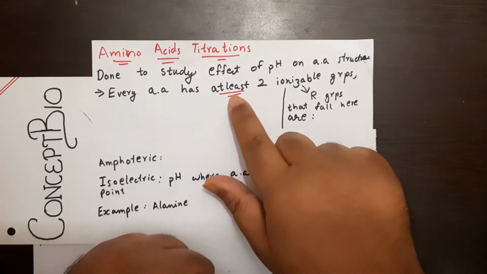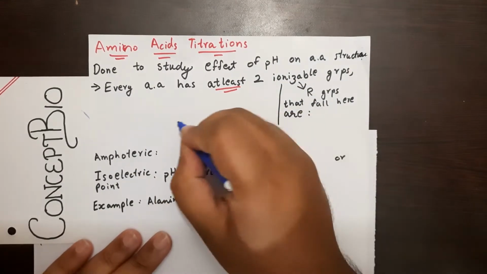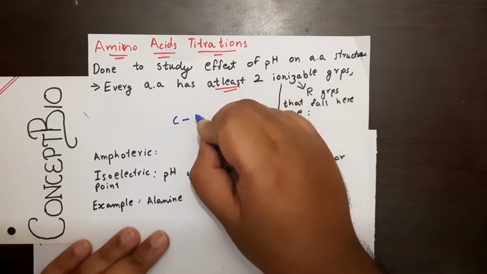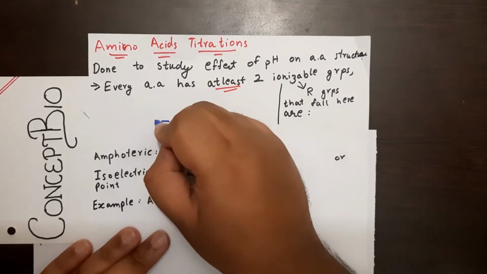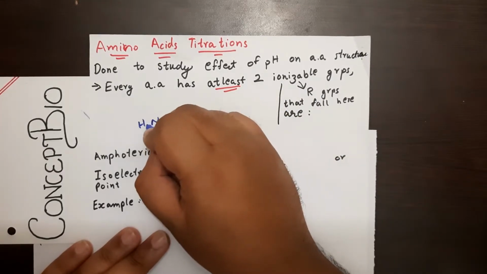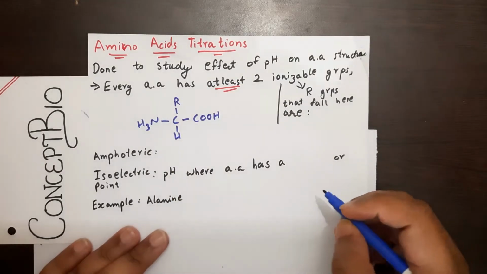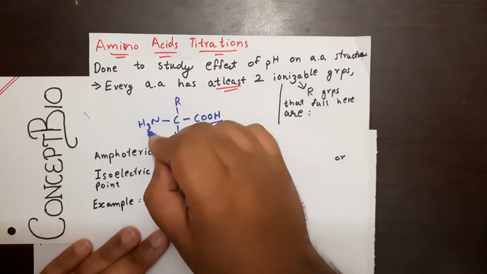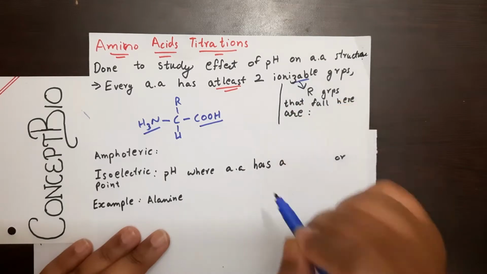Now we all know every amino acid has at least two ionizable groups. I'll just draw it out for you. Every amino acid structure will have an alpha carbon, to which will be attached your alpha carboxyl group, your alpha amino group, a hydrogen, and an R group. In all these amino acids, the alpha carboxyl group and the alpha amino group are always ionizable in nature.